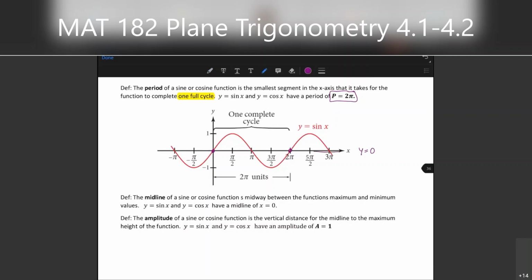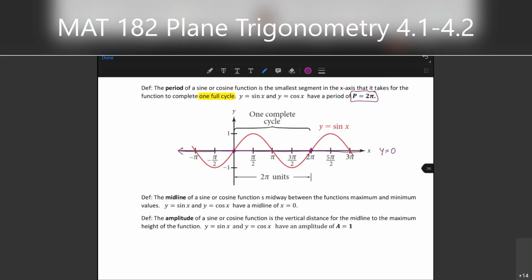That x-axis happens to be the midline for this regular sine function. It's midway between my maximum and my minimum. And this should be just y equals 0 instead of x equals 0.